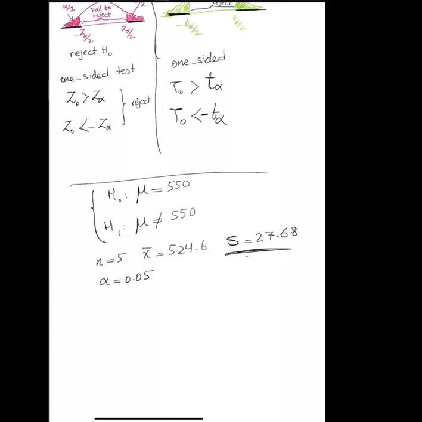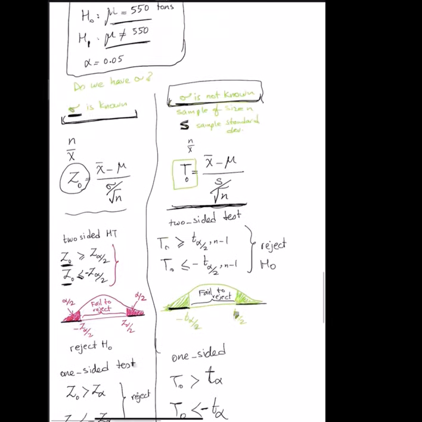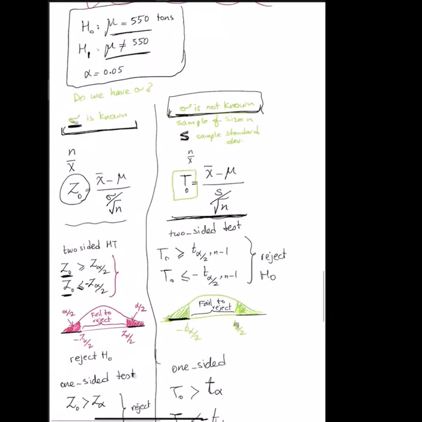The very first question we have to ask ourselves: do we know sigma? Has the problem statement given you the standard deviation of the population? In this case, no. I have a standard deviation of the sample. If the answer is no, I have to pick the formula on the right side, where sigma is not known.